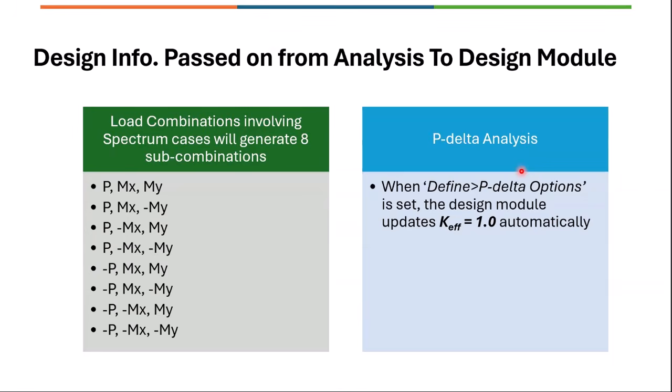When it is generating load combinations with spectrum load cases present, the program will generate 8 sub-combinations for each load combination you define, right? And the envelope of the force will be used, and you can see the permutations of these loads, that is axial and biaxial moments, by changing the signs.